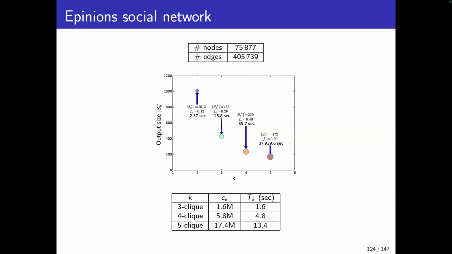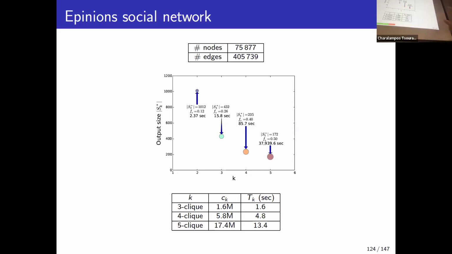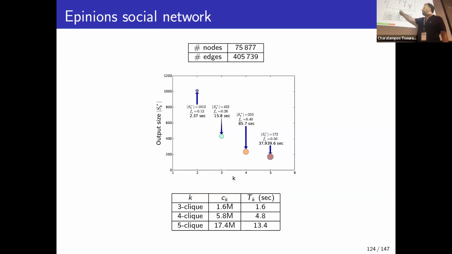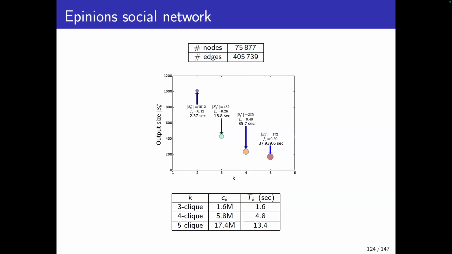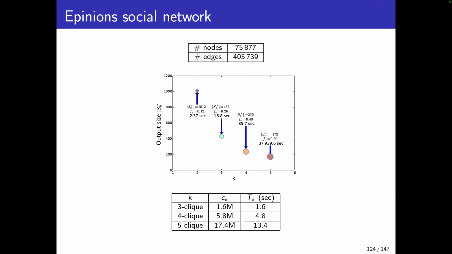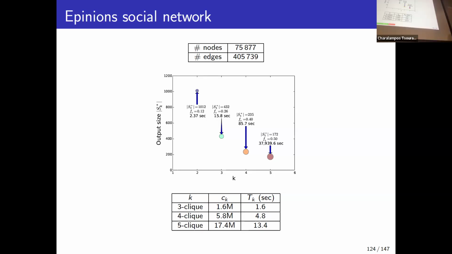I want to show you the effect that this objective has in practice. This graph is an opinions social network with roughly 400,000 edges. On the x-axis of this plot is k. We'll talk about the k-clique DSP. This is the k that I'm talking about. So k can be 2, 3, 4, and 5. On the y-axis is the size of the output, how many nodes it contains.